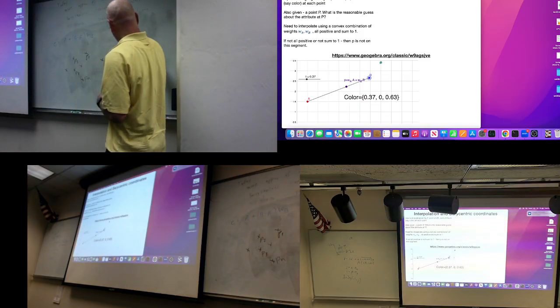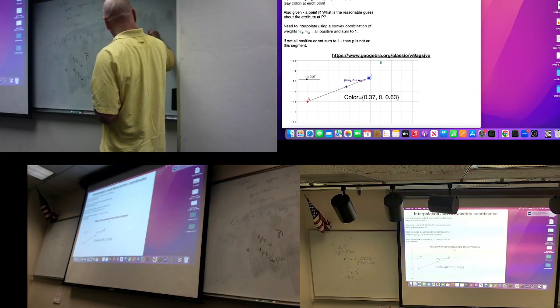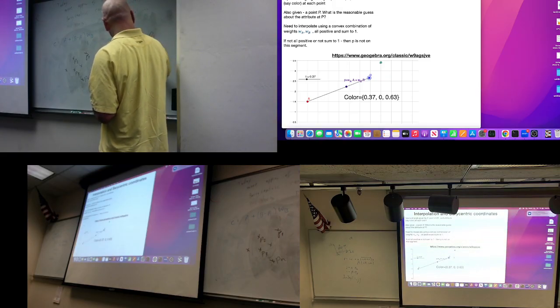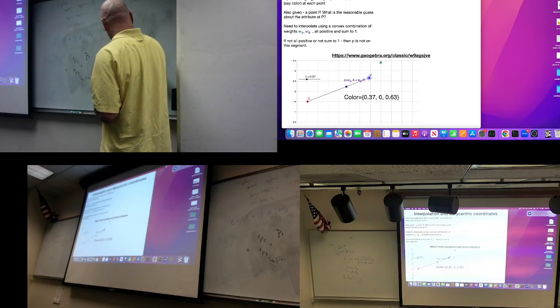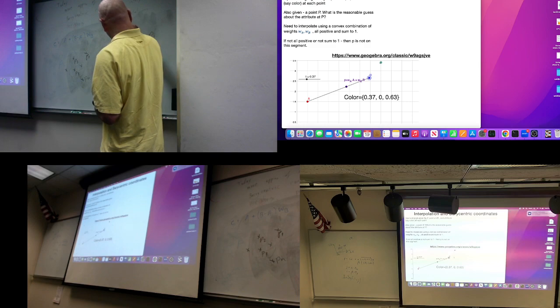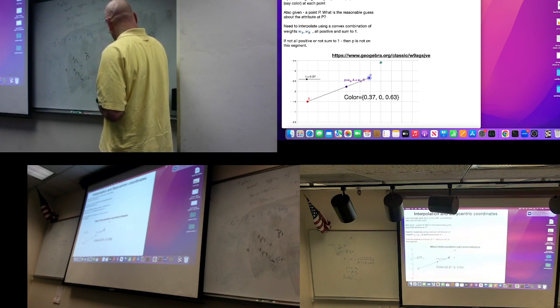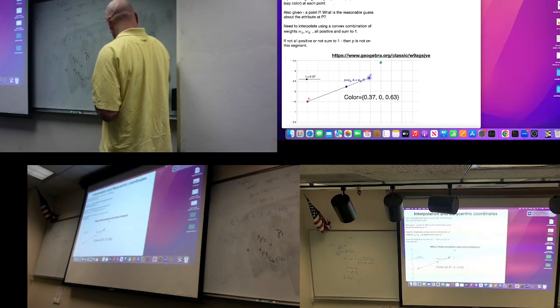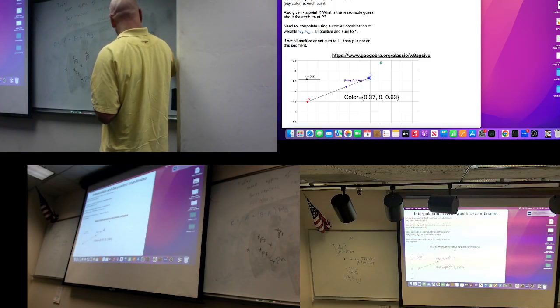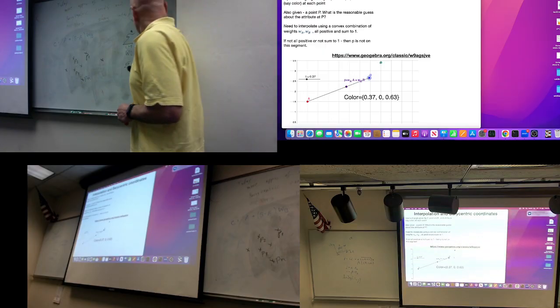And I want to create the sum of wi Pi, where I goes from 1 to n, the wi's are all positive, and the sum of the weights is 1. So these are our two settings of convex combination.